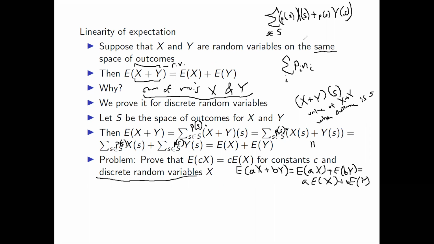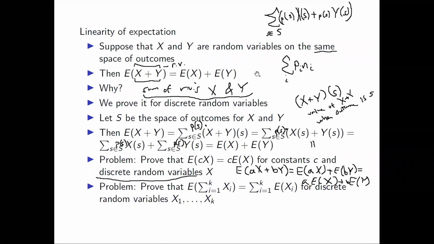I'm also going to ask you to take the result that we proved up there and prove a much more general result. So we proved here this result, that the expectation of x plus y equals the expectation of x plus the expectation of y.